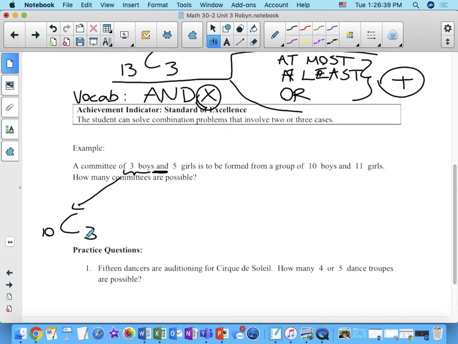Because you've got 11 girls to choose from and you need to choose 5 of them. What do you need to do with these 2 values? Multiply. That's it. The and means you multiply.